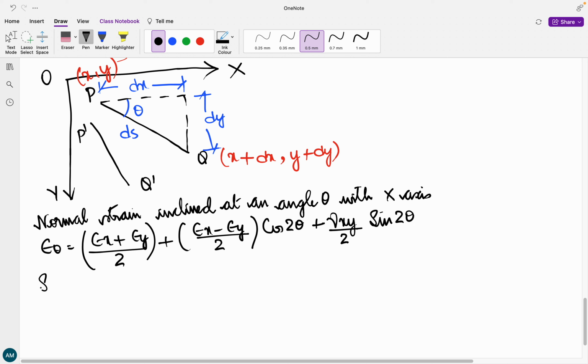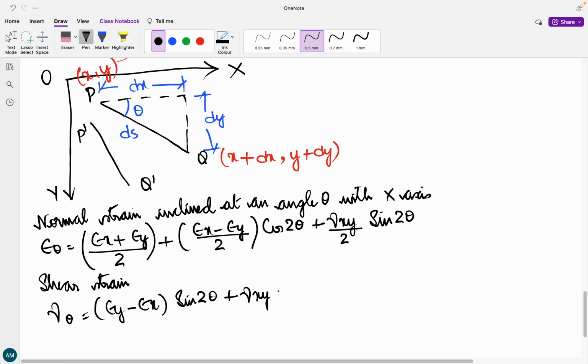Now coming to the shear strain, that is gamma theta, that is nothing but epsilon y minus epsilon x times sin 2 theta plus gamma xy times cos 2 theta.